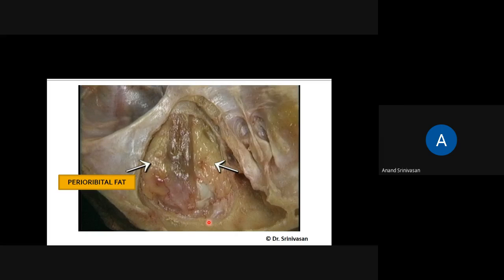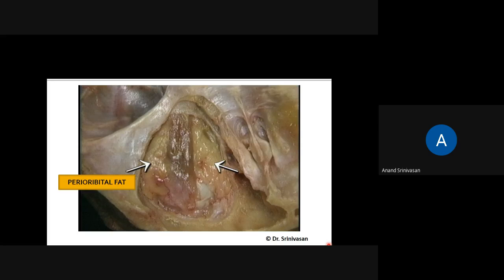So it is kept in the orbit surrounded by fat, and this fat is rich in water as well as in fat. That's why persons who are dehydrated, with low water in the body, especially after frequent diarrhea or vomiting, have sunken eyes.